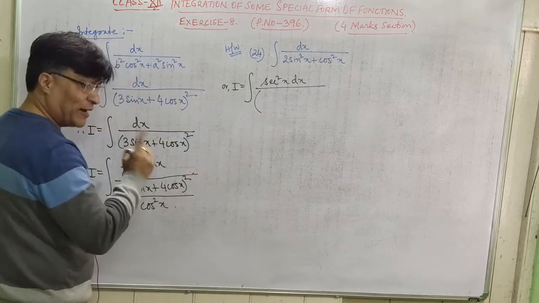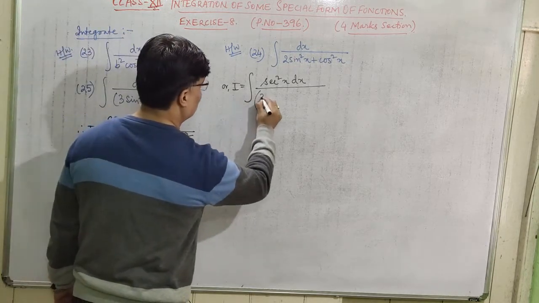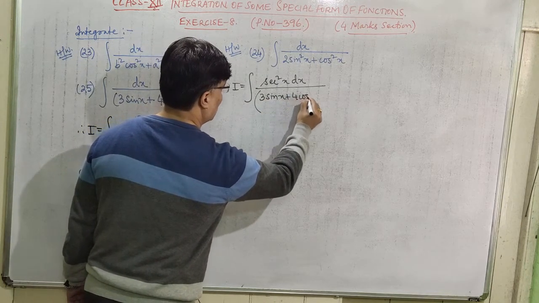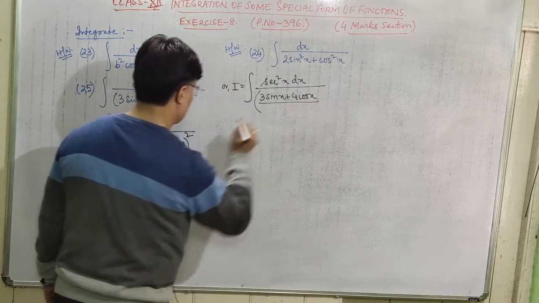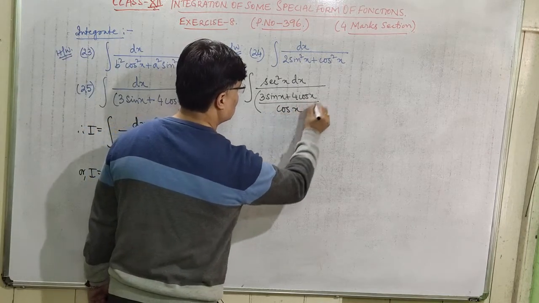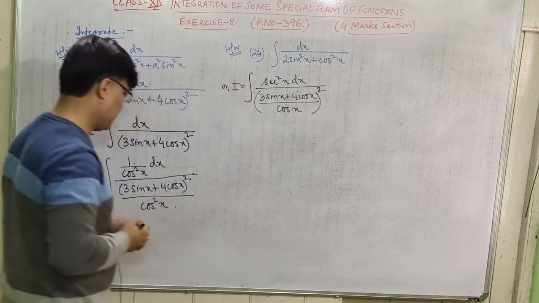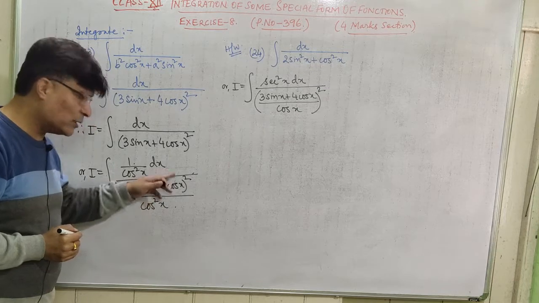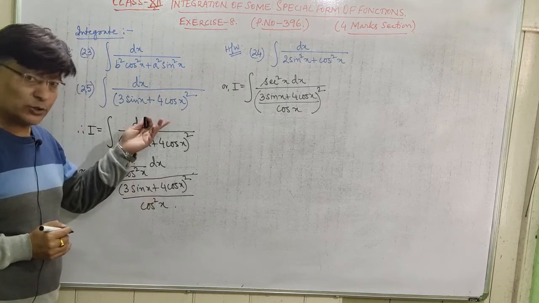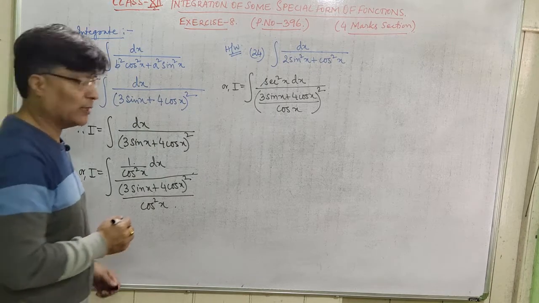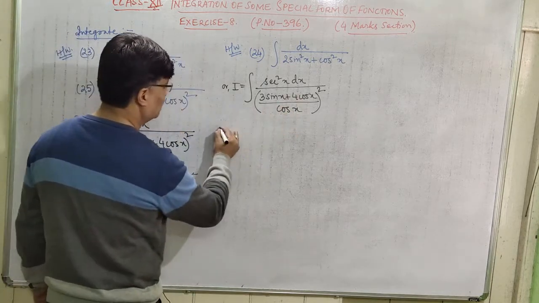So in the bracket you can have the fraction (3 sin x plus 4 cos x) divided by cos x, whole square. Is that clear? So in both the numerator and denominator there is a square. You can write it within whole square, that is (3 sin x plus 4 cos x) divided by cos x whole square.